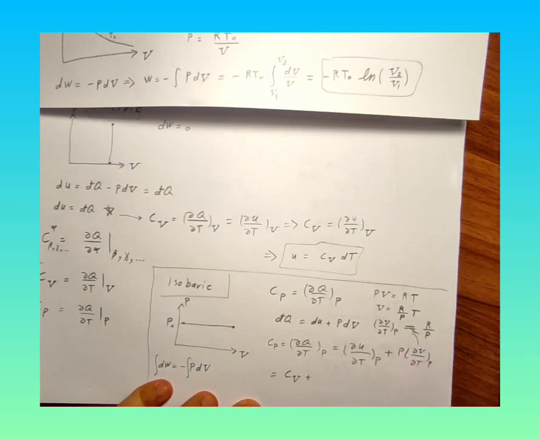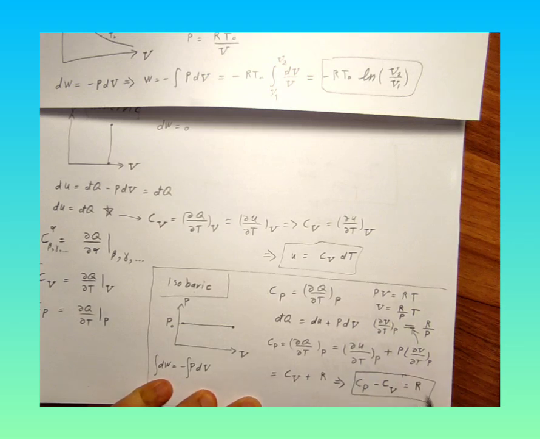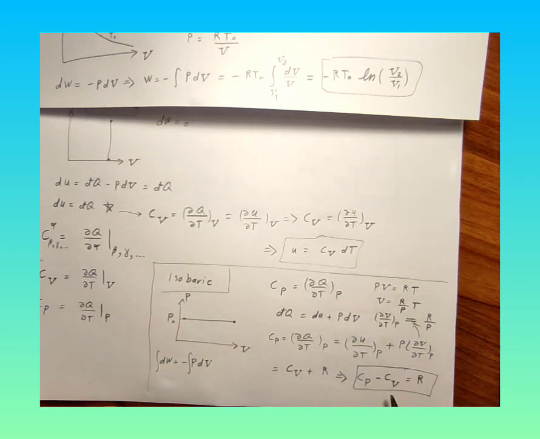The P's will cancel each other, and this will be R. So we have this important relation: Cp minus CV is R. This is very important. Memorize these two. Let's go to the other process, the adiabatic process.